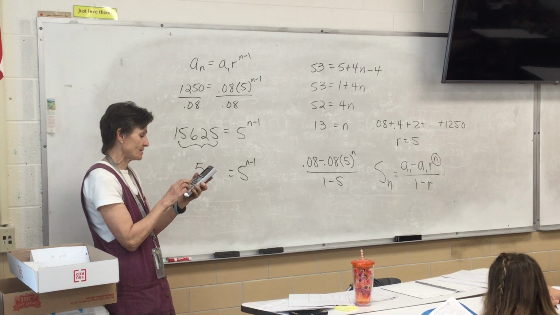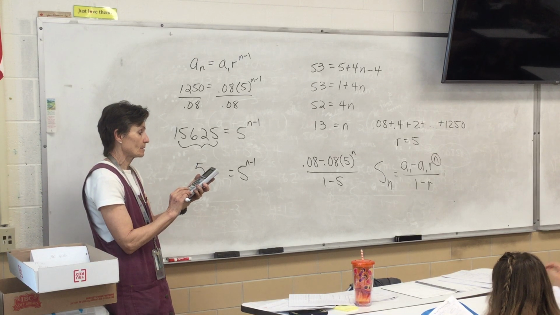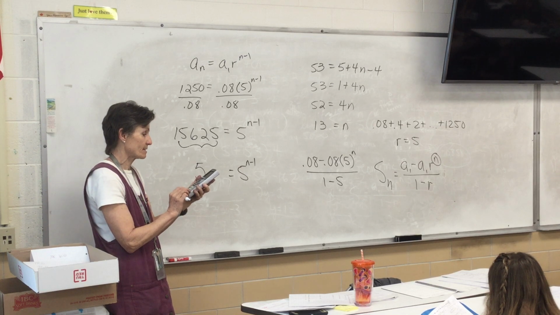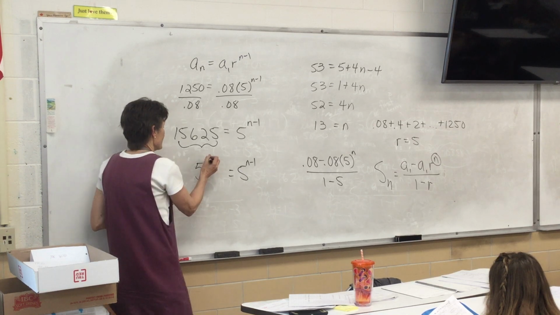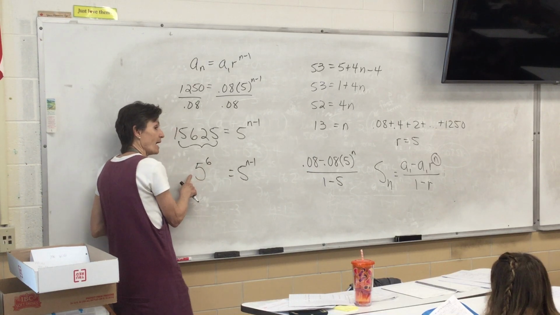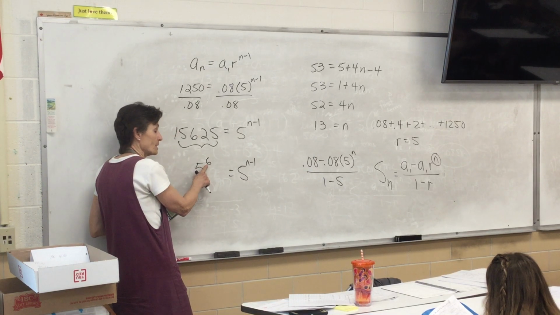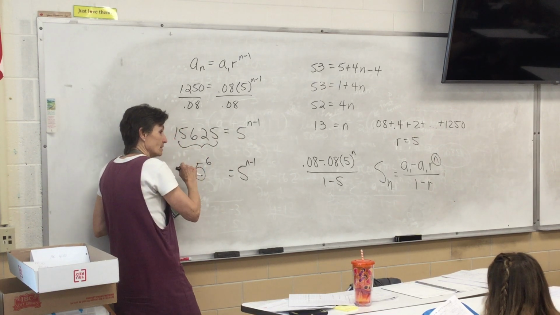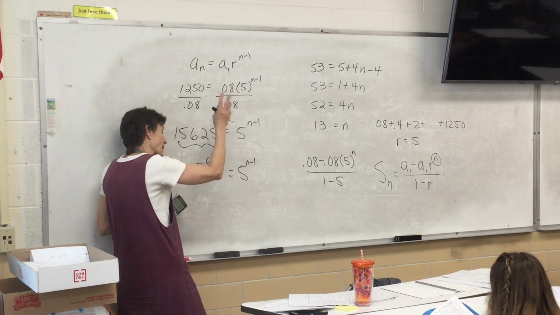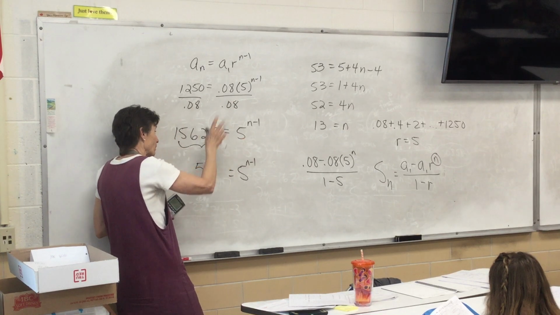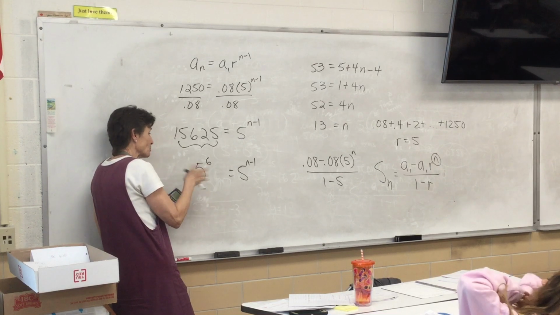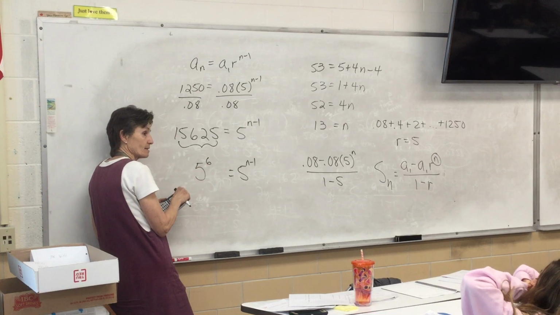So what's 5 to the 7th? Oh, that's too big. What's 5 to the 6th? Oh, perfect. So this number is 5 to the 6th. This guy will always be a power of that. So if that's a 6, it'll be a power of 6. If that's an 8, that'll be a power of 8. It's a 5, so this is 5 to the something, and we just worked it out, and it's 5 to the 6th.